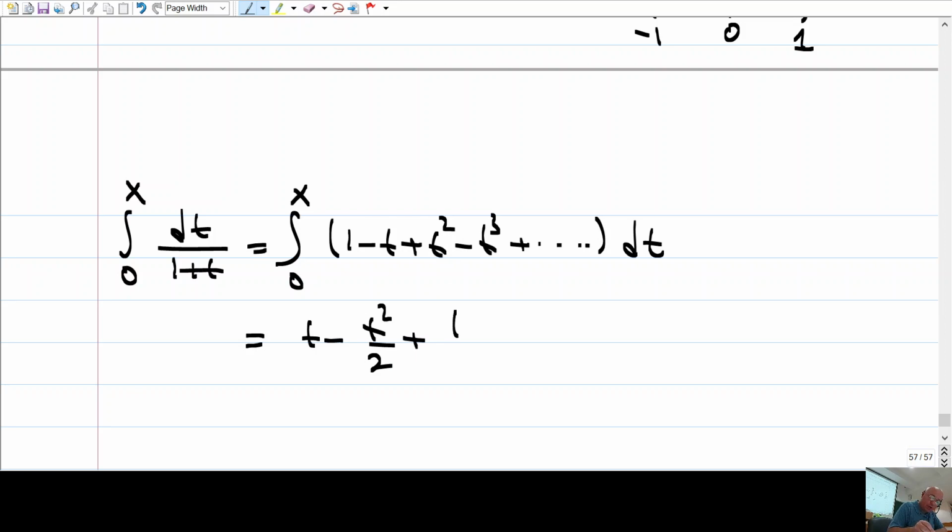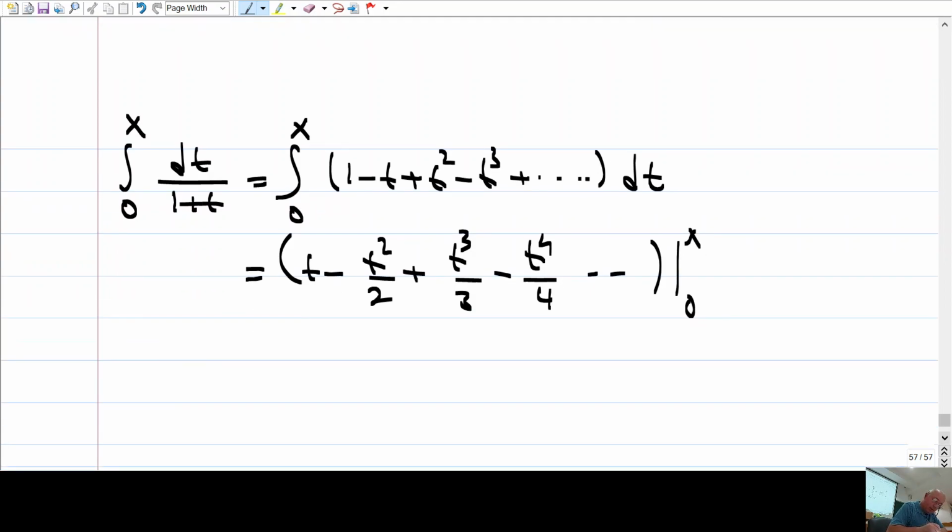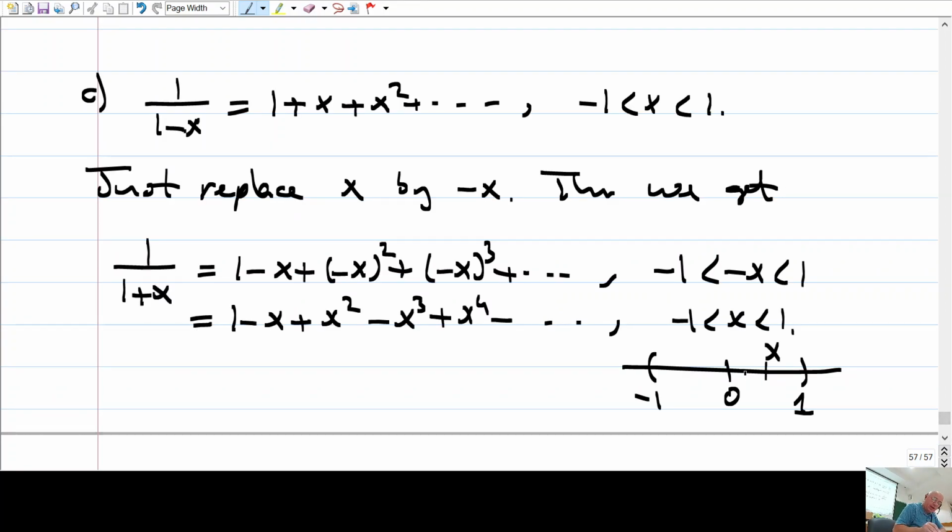Integral of t squared, t cubed over 3, t to the 4 over 4, and so on. I will compute this at 0 and x, because I integrate from 0 up to x. Here x is again between minus 1 and 1, like this one.